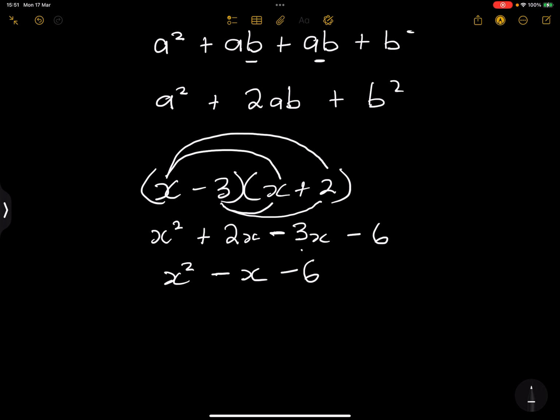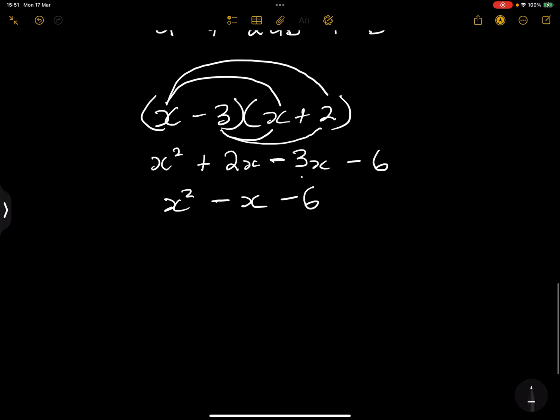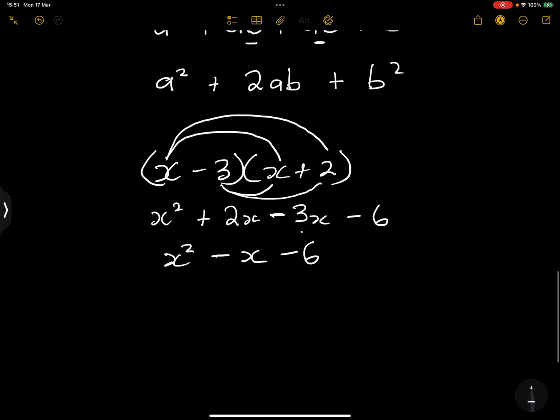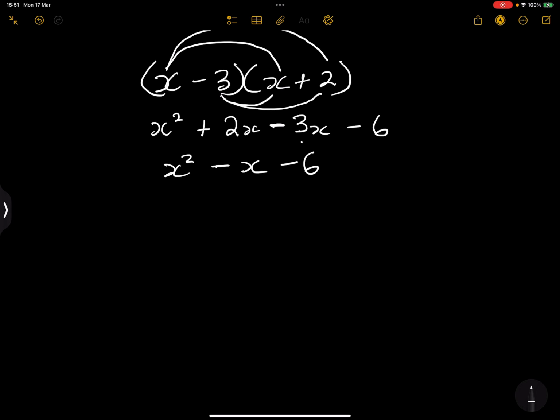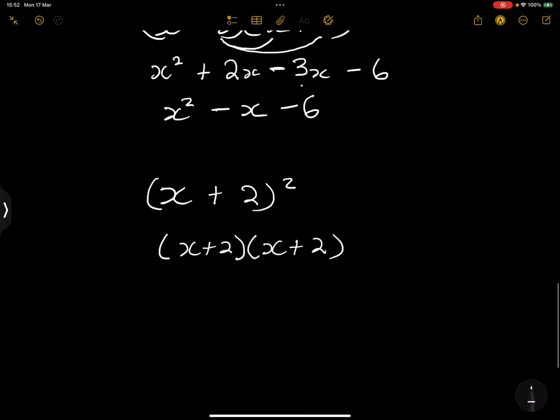Now, what I wanted to go back to was the one that we started with. Notice that our bracket was exactly the same, right? So if I've got, let's say, x plus 2 squared, right? In this case, I can say, well, that's x plus 2 into x plus 2. I want to show you this so that you can just remember the rule. So if I'm squaring a bracket, it means that I'm multiplying it by itself, right?